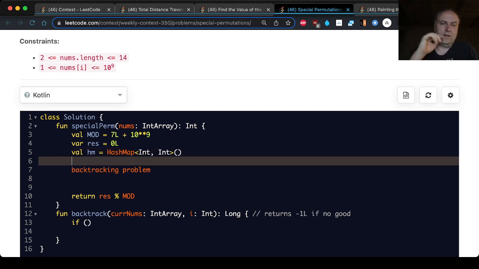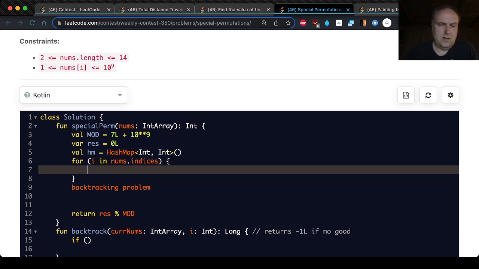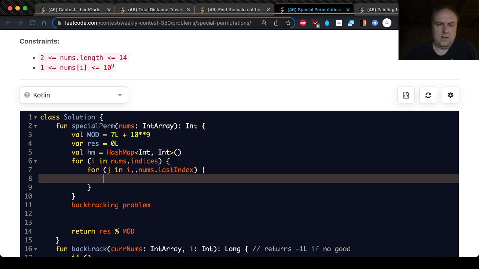And I just do a loop for i in nums, and for j in i to nums last index. Okay, and now it's going to be hm.